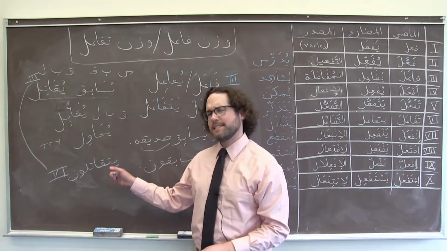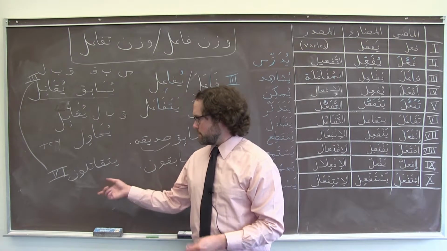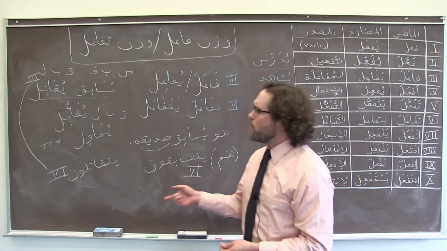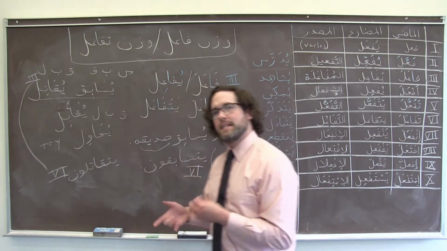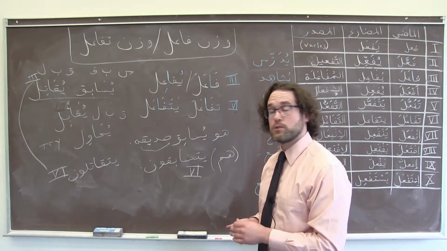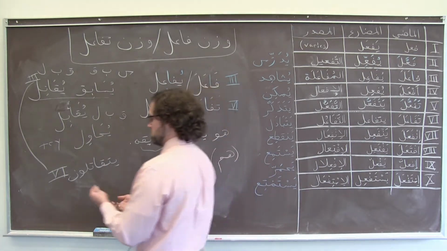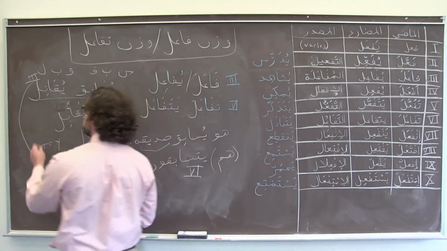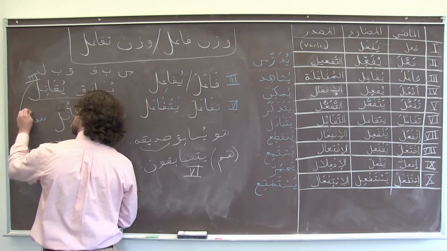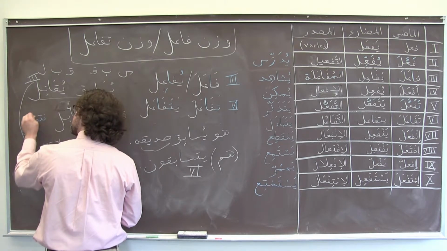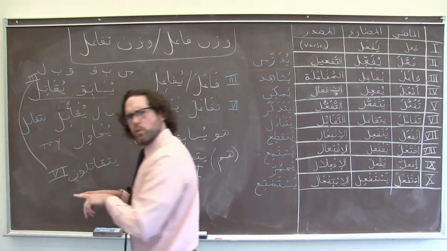You'll notice that in writing and in speaking, you often encounter Form 6 in plural conjugations for this reason. Me and my friend meet up together. Nataqabal. We do it together.